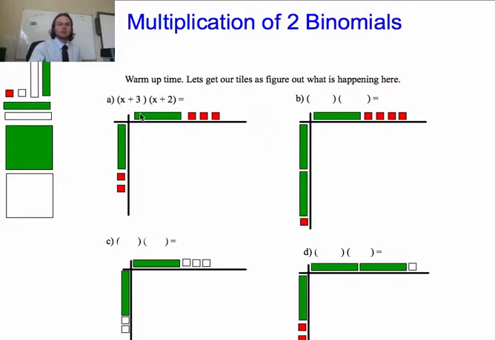So we go x multiplied by x first, which is going to give us x squared, that width and that length, which give us right there x squared. Okay? Then we want to go x multiplied by 1. So this is going to end up giving us here x.